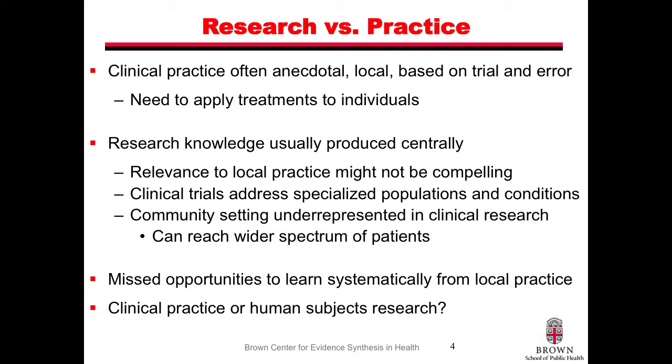And so we know that there's a lot of missed opportunities in the research endeavor because we're not running these trials at a local setting. We're running them in these idealized settings, which are say like academic medical centers. So we want to expand the research enterprise, and so this is another motivating factor here.